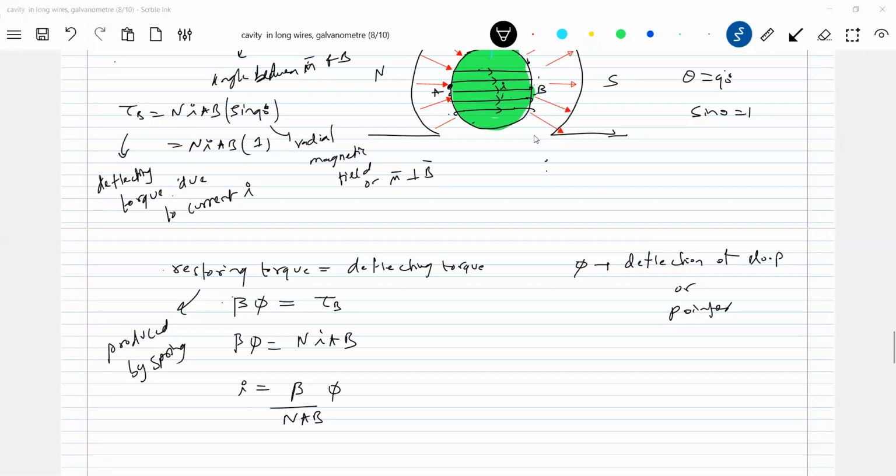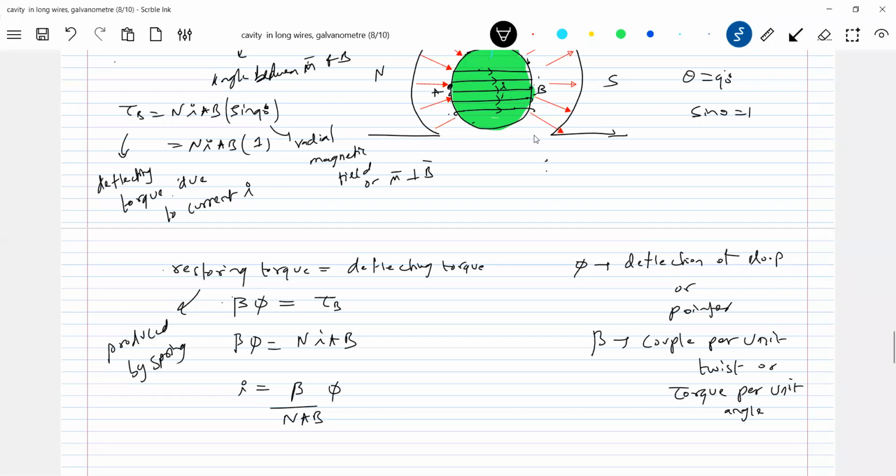What is beta? It is torque per unit twist, or torque per unit angle. Torque per unit angle into angle will be the torque only, no? This should be produced by the spring.